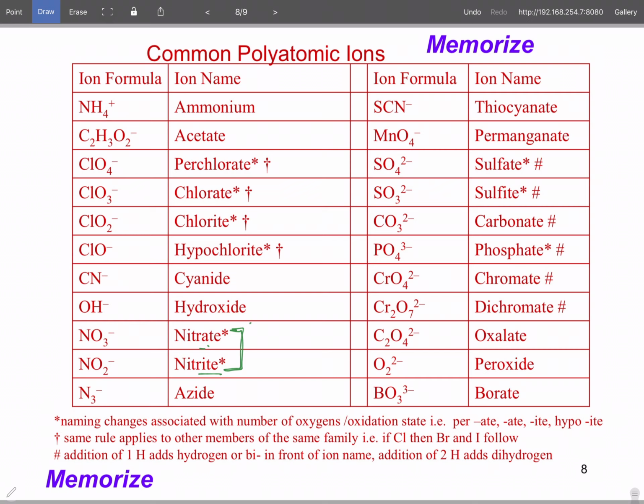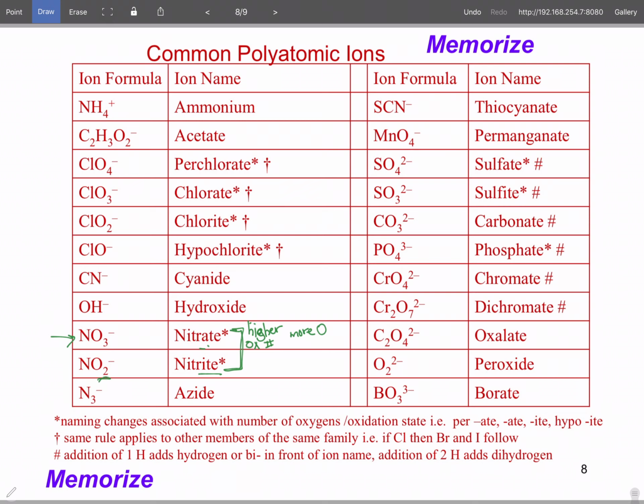So the ATE is always the higher oxidation number, which translates to more oxygens. So this one's nitrate. And if you memorize the fact that nitrate is NO3 minus, then you automatically know that nitrite is NO2 minus.